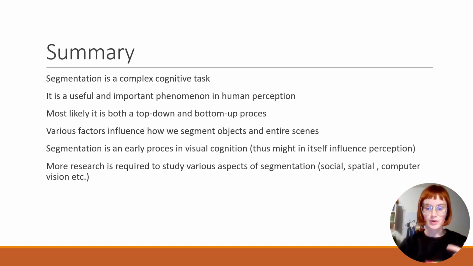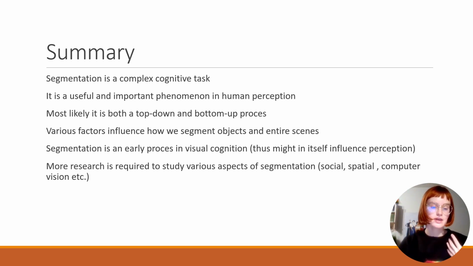So both our knowledge of the world influences how we divide the objects, but also how we divide the objects probably influences how we perceive them. Various factors influence how we segment objects and the entire scenes, as was already described. Segmentation is an early process in visual cognition that is also interesting, and thus it might in itself influence perception.